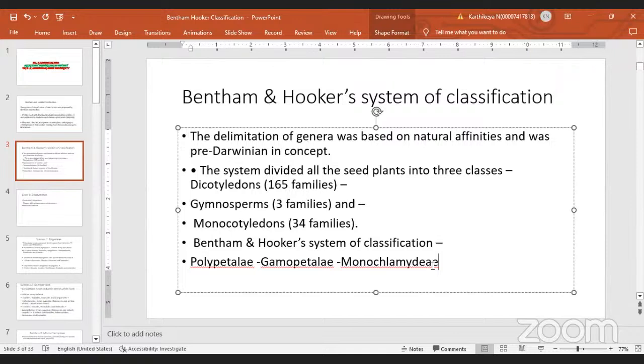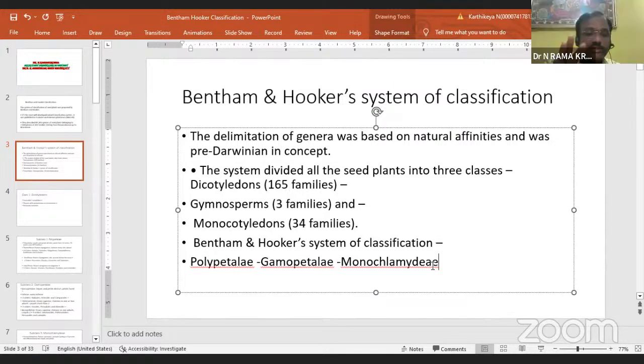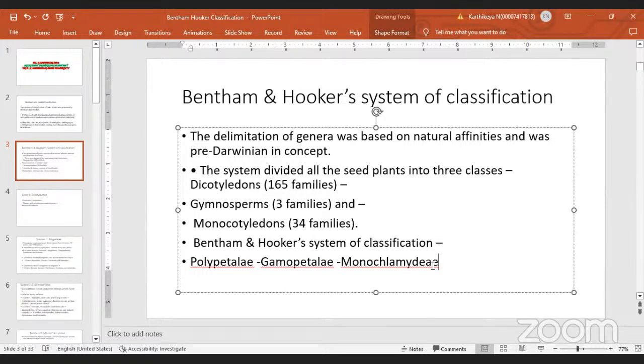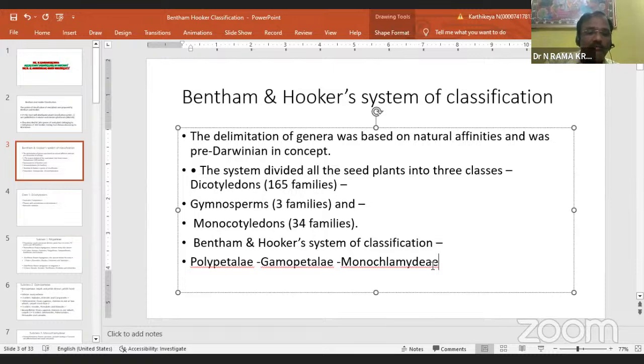Yes, sir. Now you see here, this classification totally depends on the floral characters. That's why, based on the floral parts, the petals are taken first. Based on the petals, it is divided into 3 subclasses.